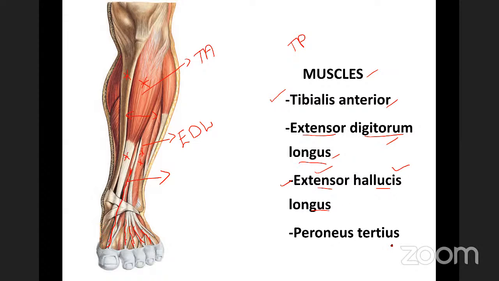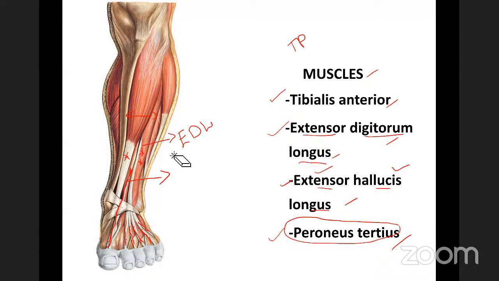That is why it is called extensor hallucis longus. And one more muscle is called peroneus tertius. The tendon you are seeing here is the tendon of the muscle peroneus tertius. It is said that this peroneus tertius is a continuation of extensor digitorum longus. So these 4 muscles are the muscles of the anterior compartment of the leg.